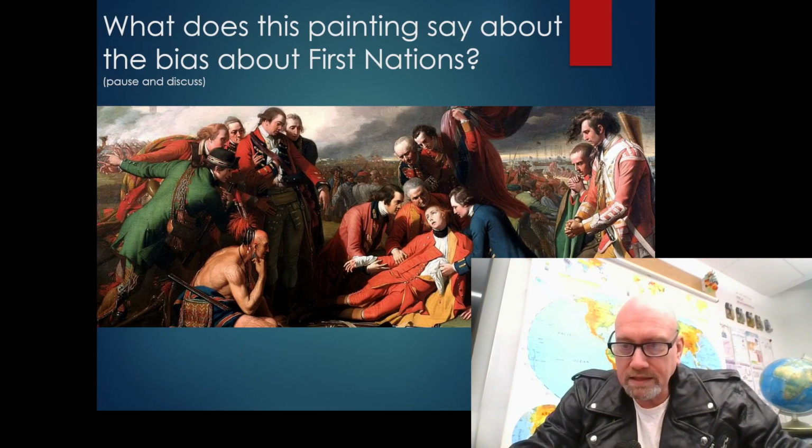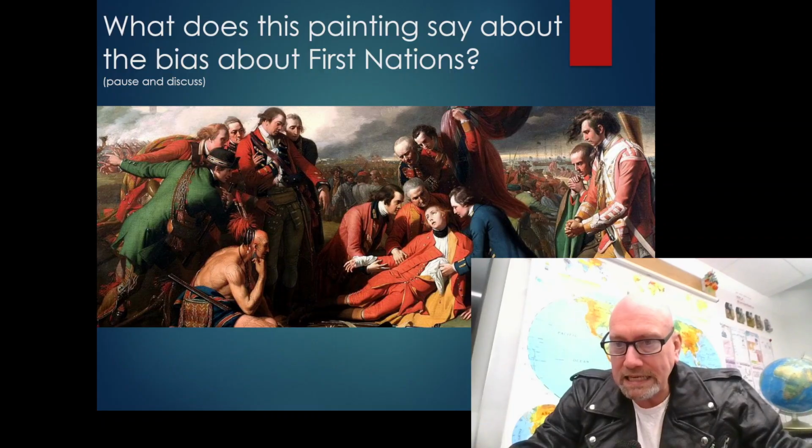Here is the great famous painting that you'll see in many textbooks about the death of General Wolfe on the Battle of the Plains of Abraham. Now, if you take a look at this great painting, you will see that they are making him into a hero. How are they doing that?